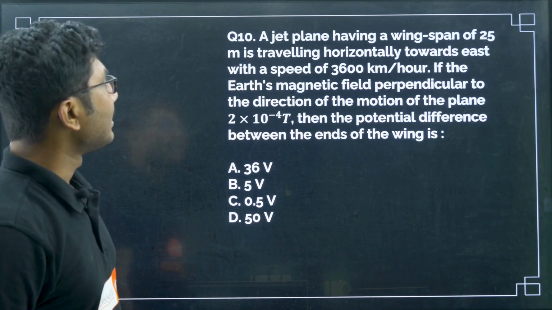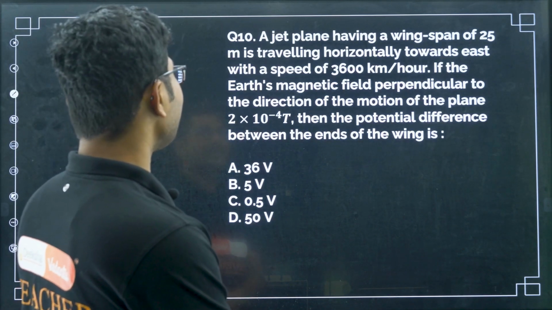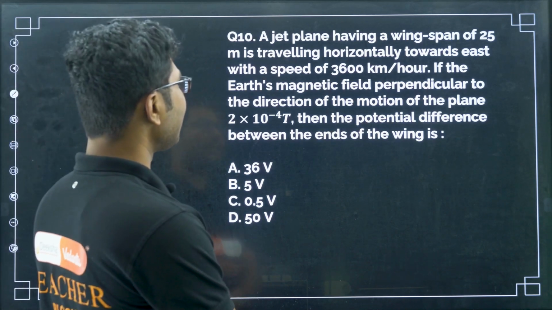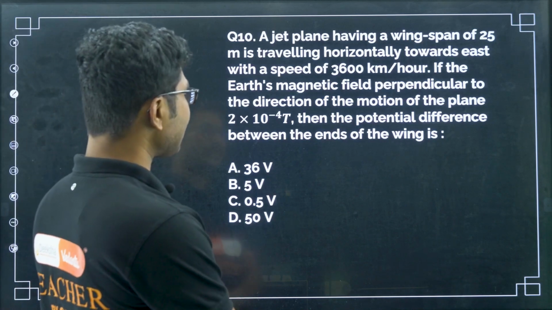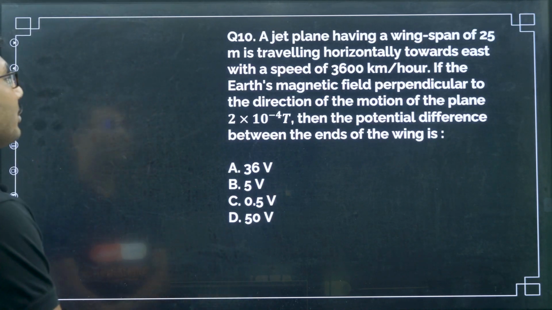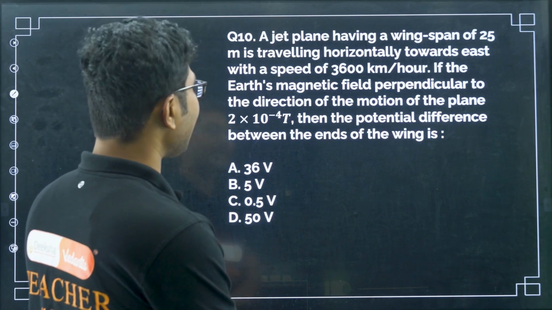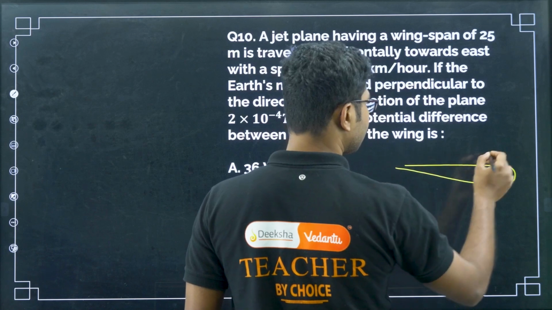Next question, a jet plane having wingspan of 25 meter is travelling horizontally towards east with the speed of 3600 km per hour. If the earth's magnetic field perpendicular to the direction of the motion of the plane is 2 times 10 to the power of minus 4 Tesla, then the potential difference between the ends of the wing. So here we have a plane, very common question.